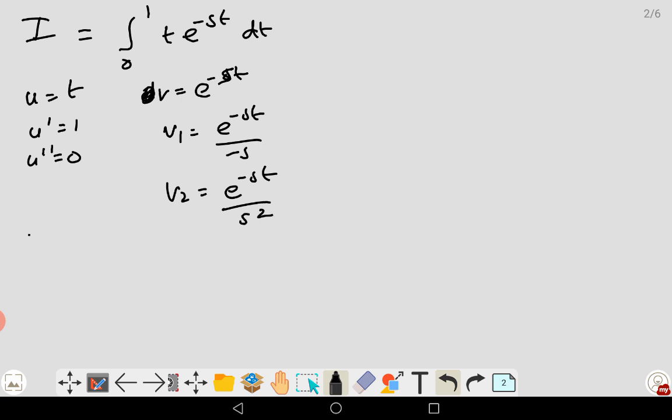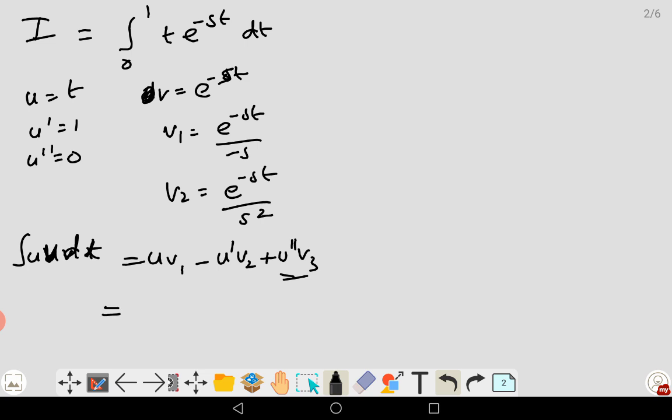And the formula for integral u dv, uv dt, right, is u v1 minus u dash v2 plus u double dash v3. We don't want v3 because u double dash is 0, so only the first two terms.